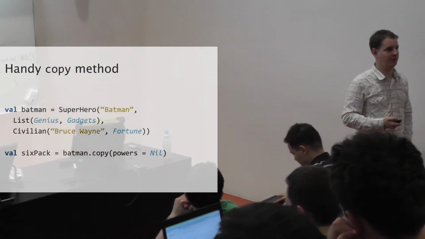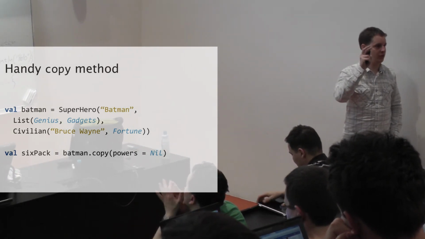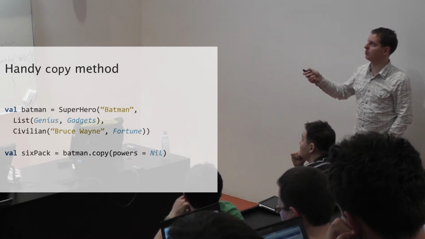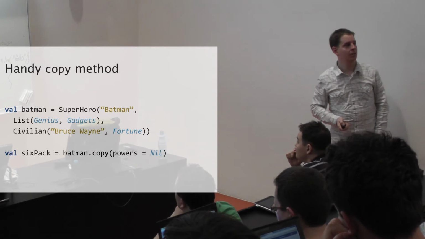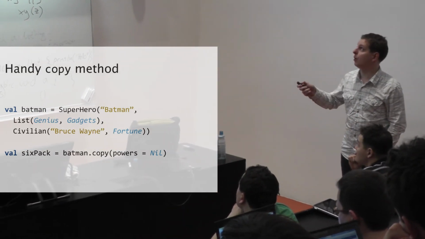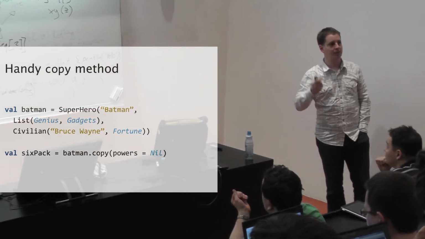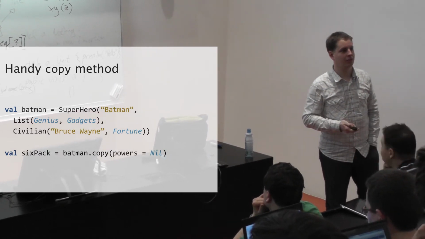There is no setter method for it. So if you want to change it, you will create a copy and change only what you want, and the rest of it is copied from the original instance. So this is how the copy works, and again, this is created for you for free by the compiler, just by putting the case keyword in front of the class.